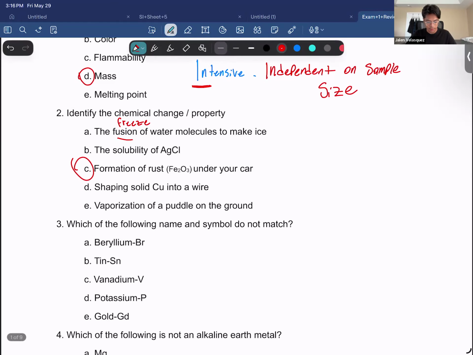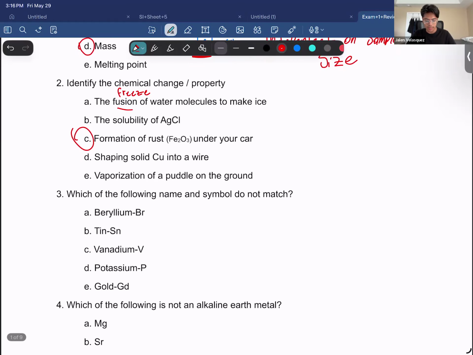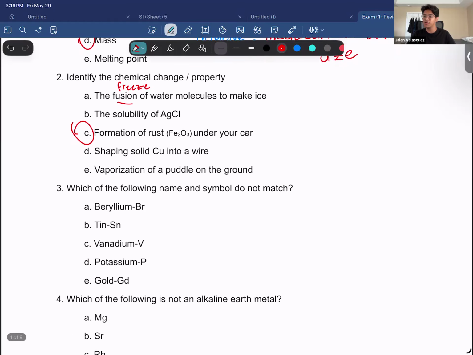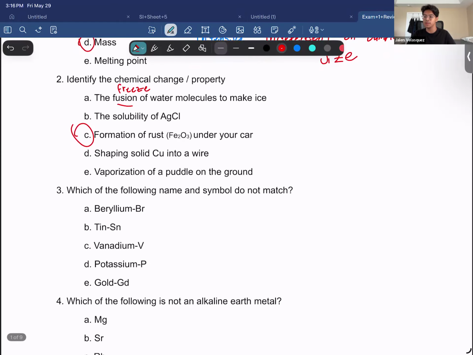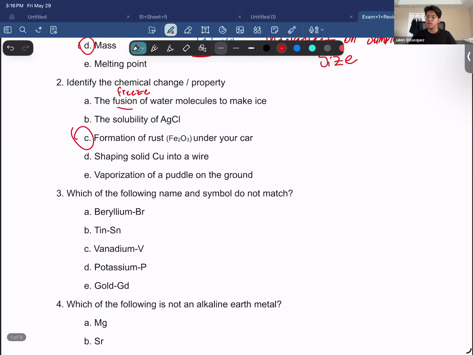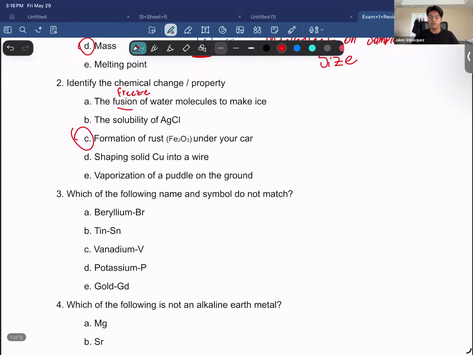Okay, number three, which of the following name and symbol do not match? So there are three answers to this one. So I'll give you a minute to look over it and make your decisions. And again, it has three correct answers.